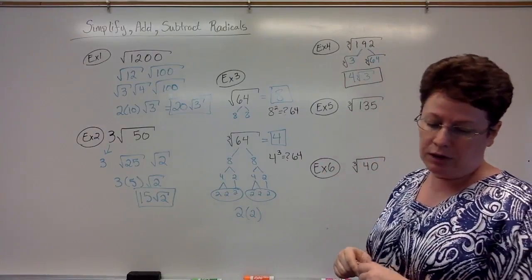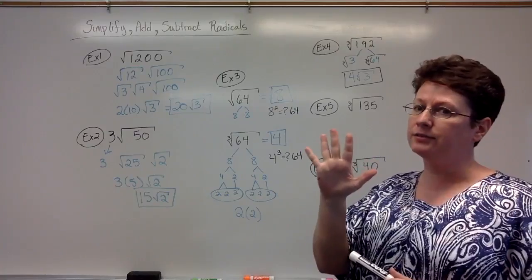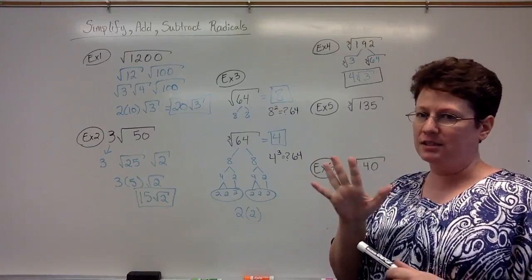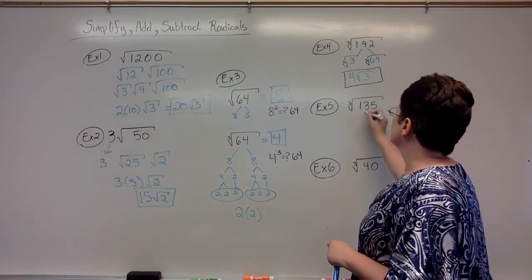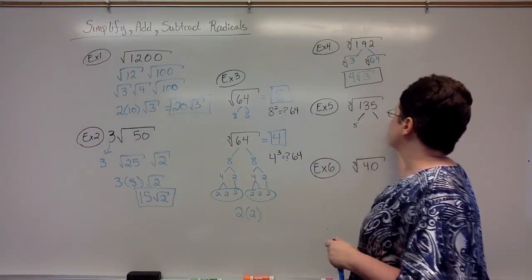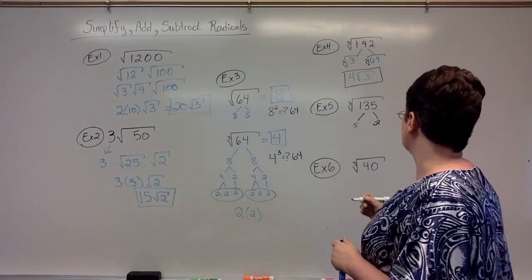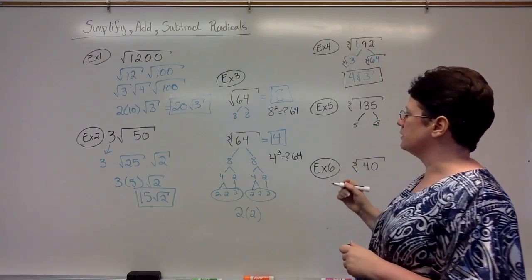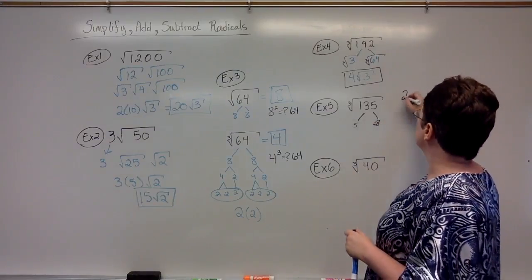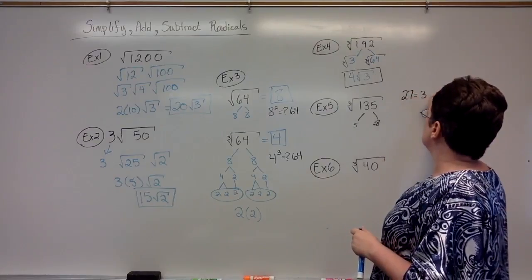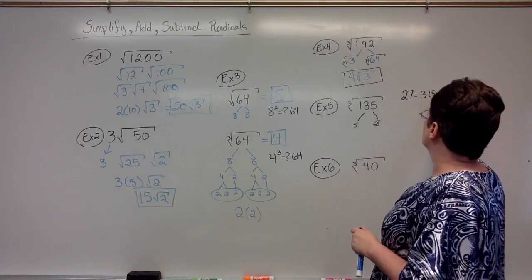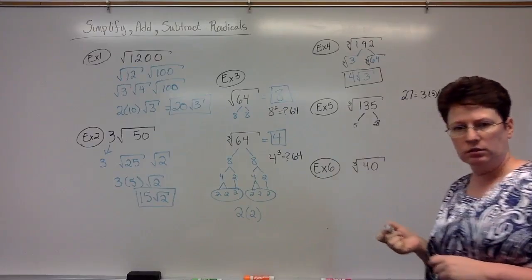Now let's look at 135. Well, it ends in a 5. If it ends in a 5, it's divisible by 5. So split it up. We have 5 and 27. 27 is 3 times 3 times 3.